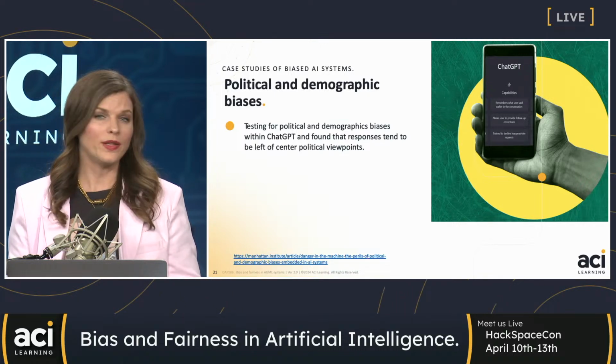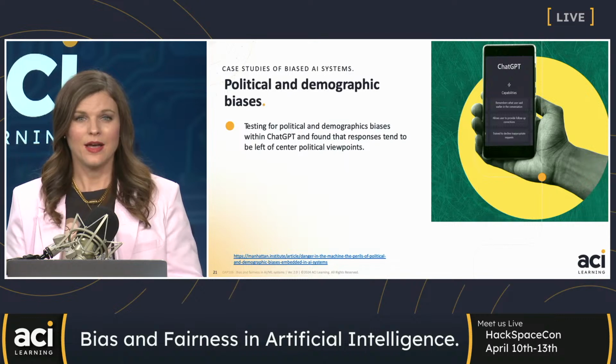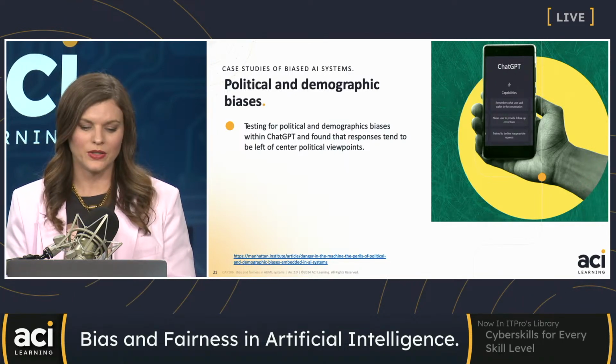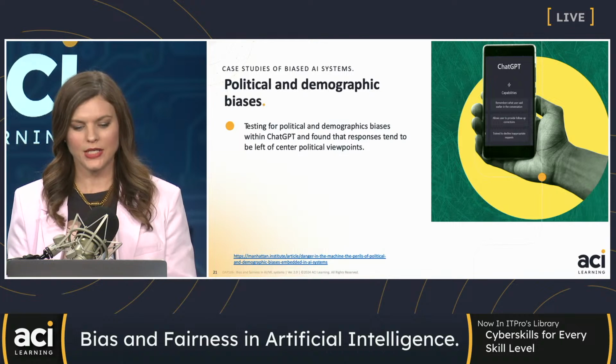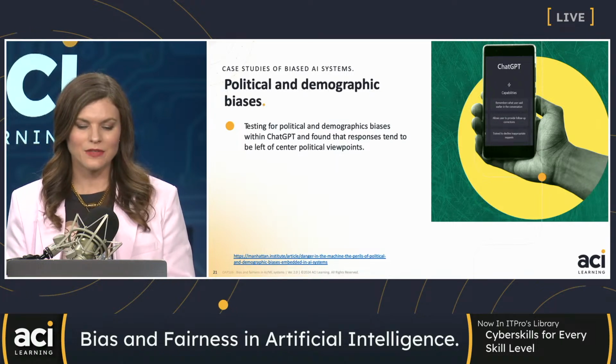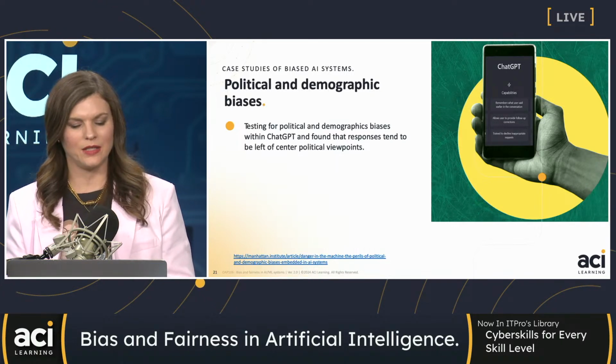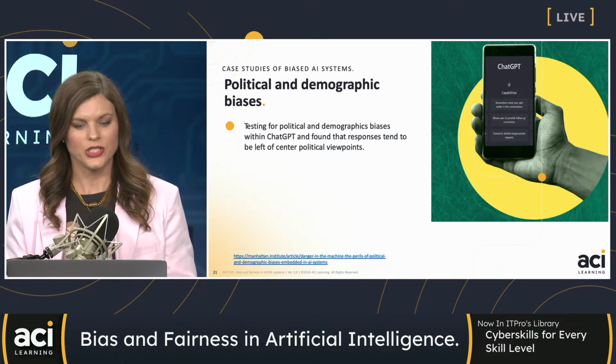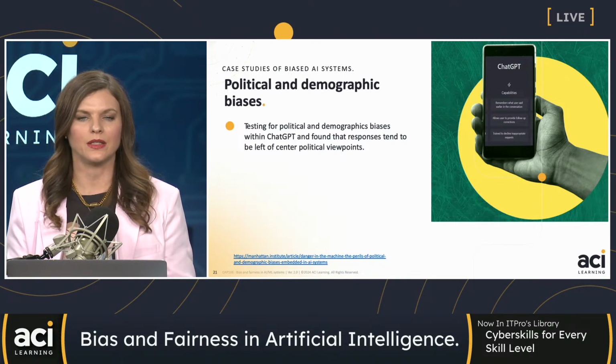What they were able to identify, and this may be shocking to you, is that in 14 out of the 15 political orientation tests, ChatGPT responses were classified as left leaning. The remaining test diagnosed ChatGPT answers as politically moderate.